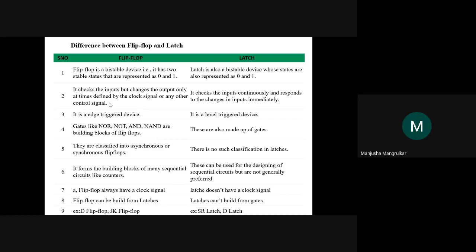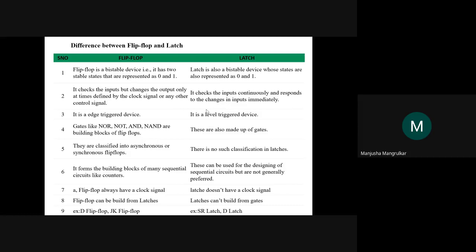It will wait for the clock cycle to complete. Whereas a latch checks the input continuously and responds to changes of the input. Whenever the input changes, the output changes immediately in the latch.